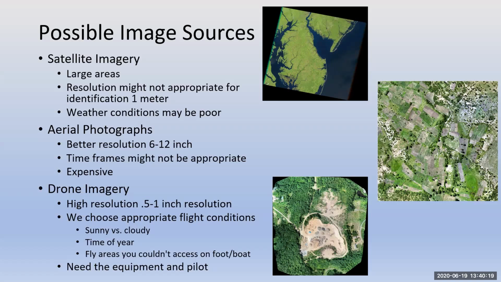And you get to pick the time of year that you want to fly. If you know that the Japanese knotweed, or let's say another invasive species like purple loosestrife is blooming, you can hit that target date or that time of year when it really pops in that aerial photography.